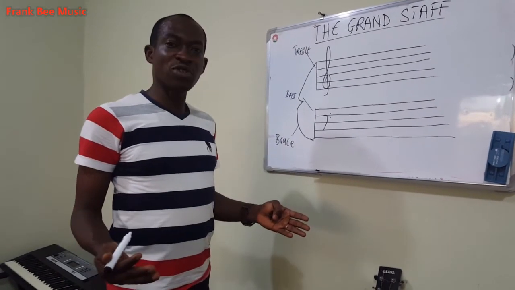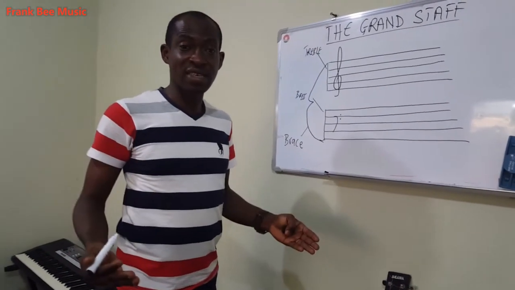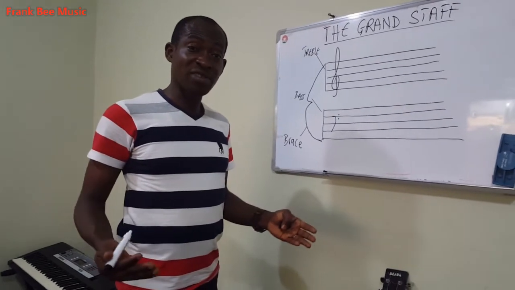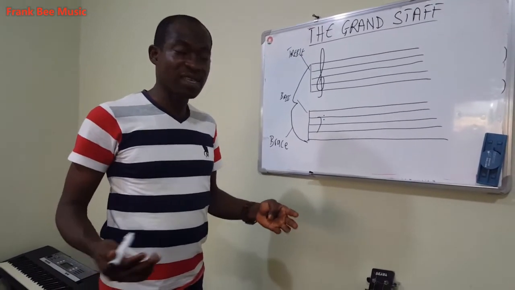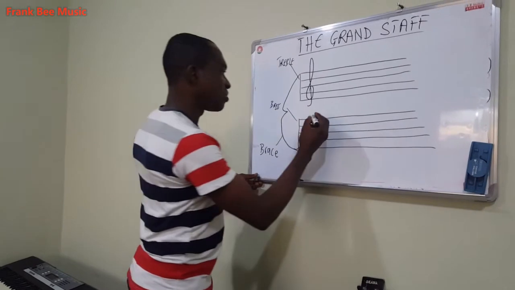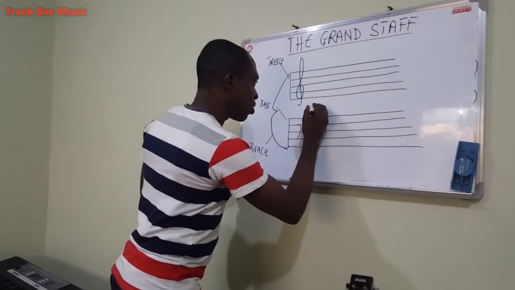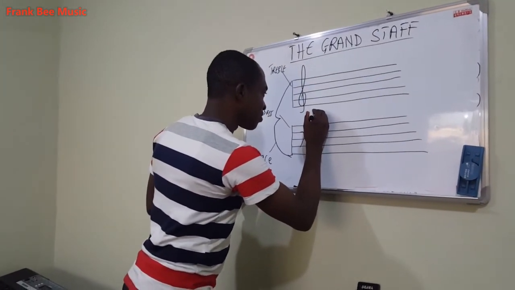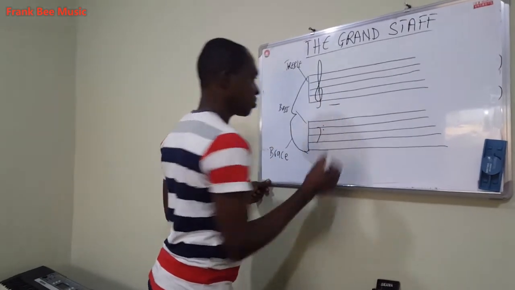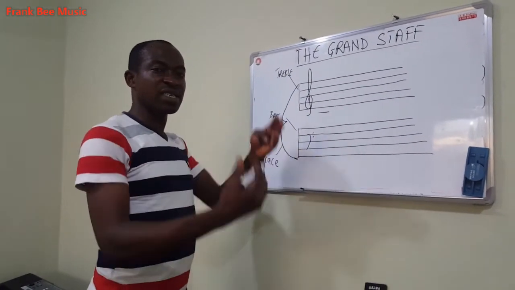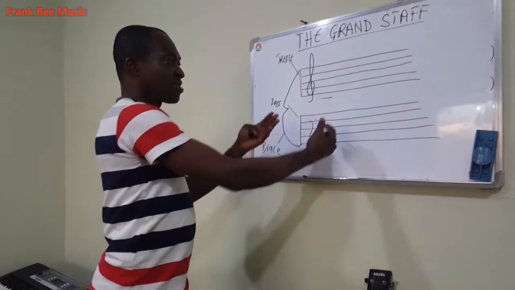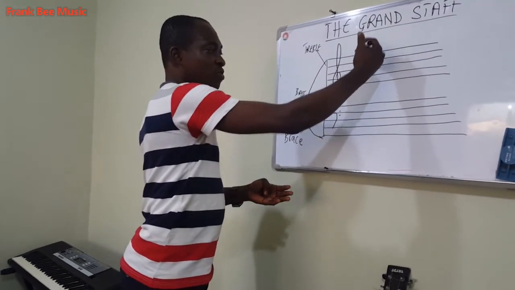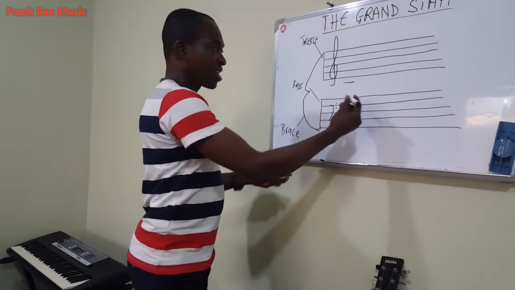Now the last thing we're going to talk about is the middle C. Maybe you've been hearing about it. What is the middle C? The middle C simply means it falls here. So it falls in the middle of the staff, both the treble and the bass staff.